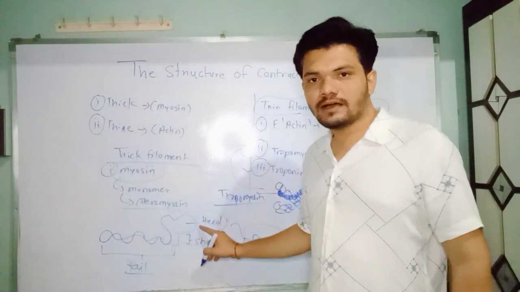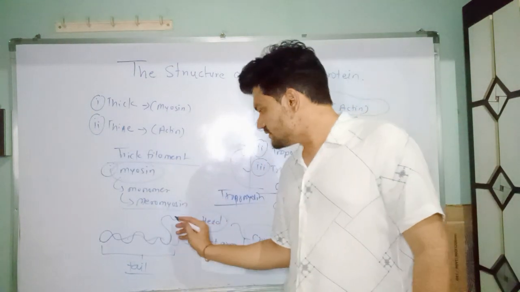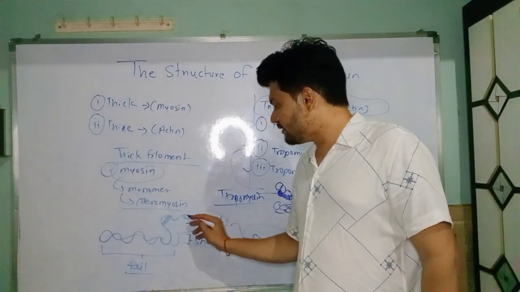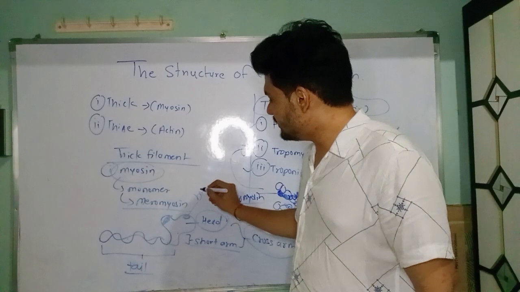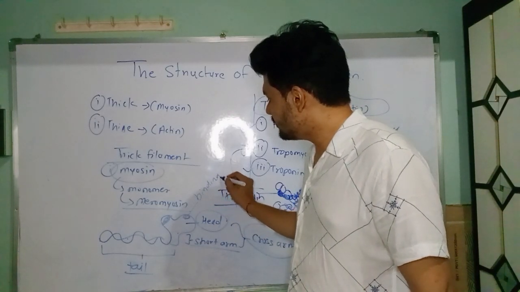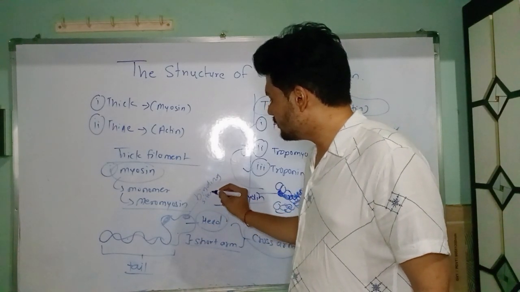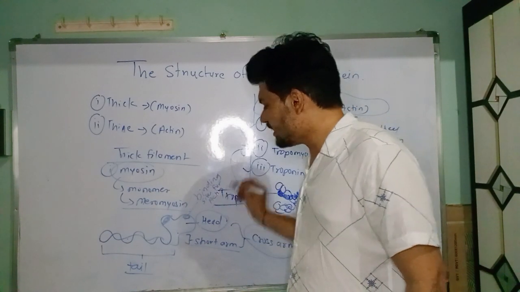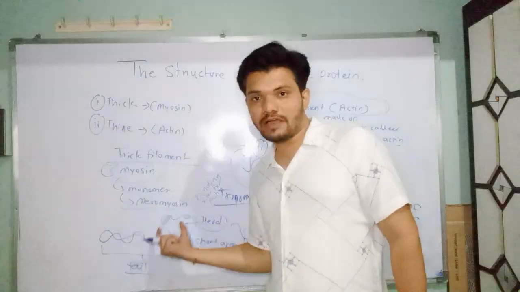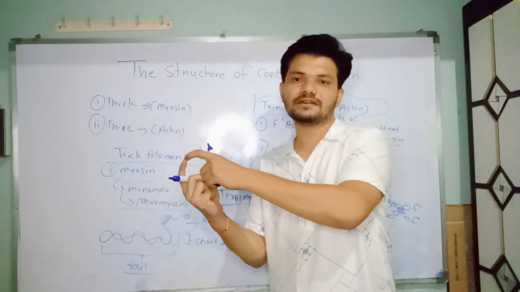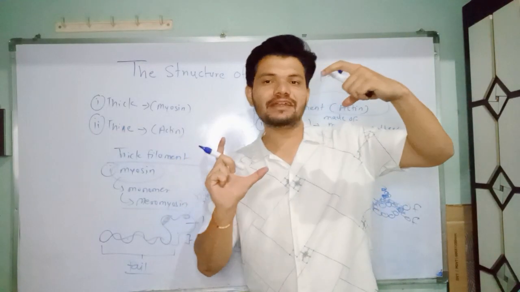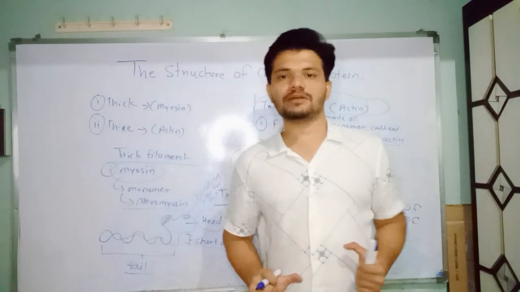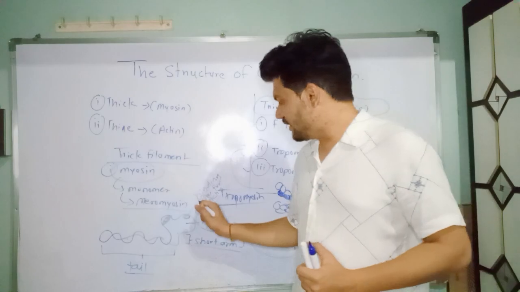This head has two sites. One is the binding site for actin. This is the site where myosin is going to bind the actin, the thin filament. This is where the thin filament will be attached with the thick filament.